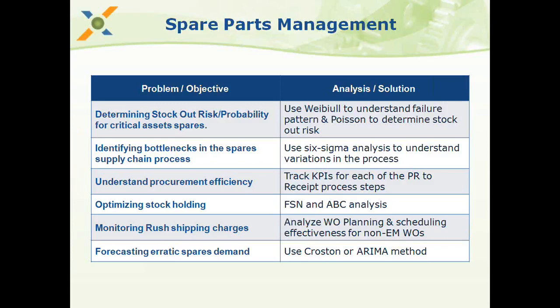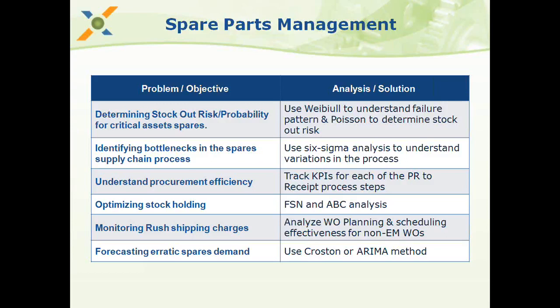It could be related to procurement, or it could be just getting it from a store itself. It could be from the storeroom within your facility, or it could be across the plant. Some companies have centralized stores, so they service a few geographic areas. So those things can be monitored.